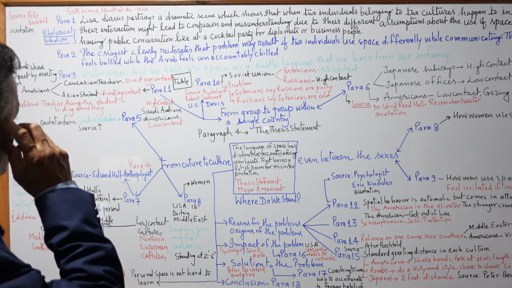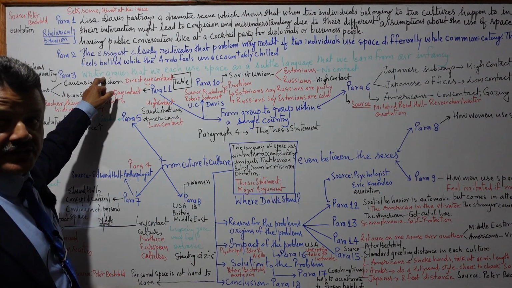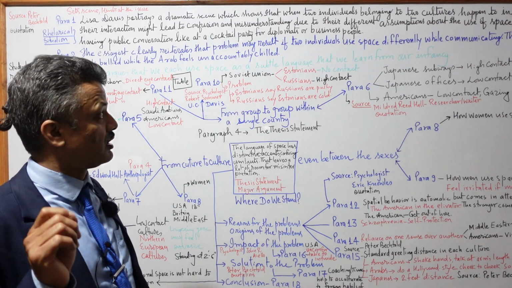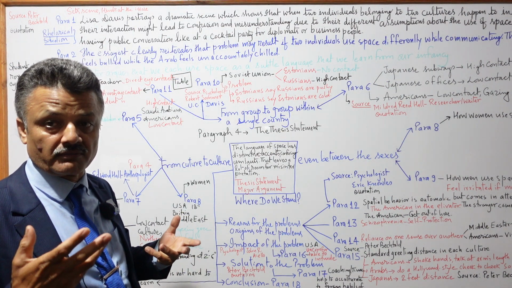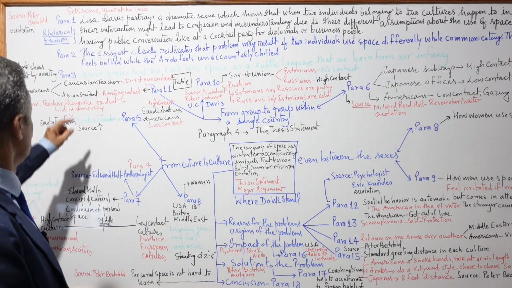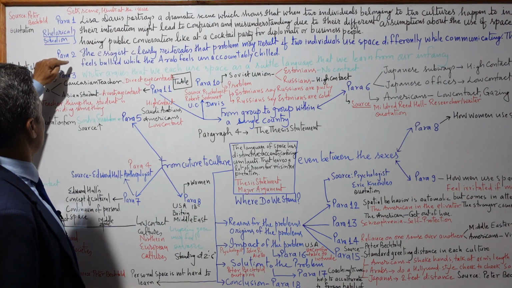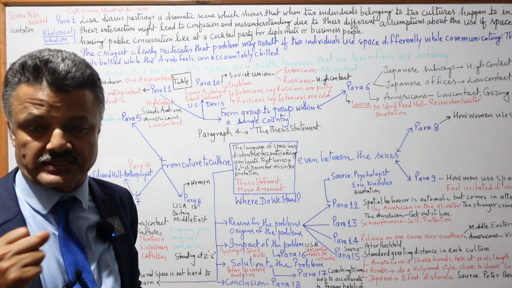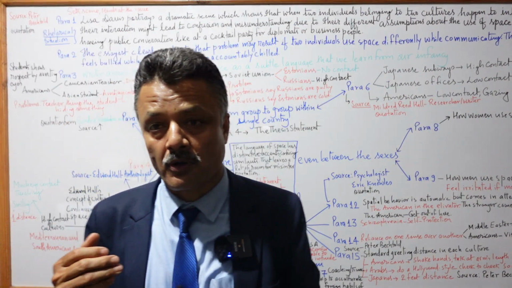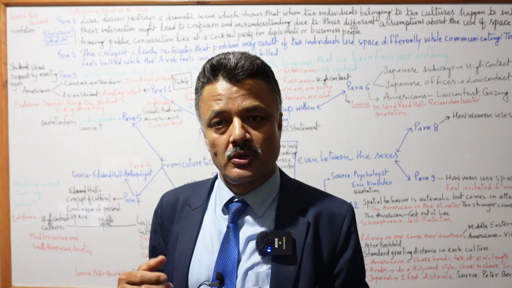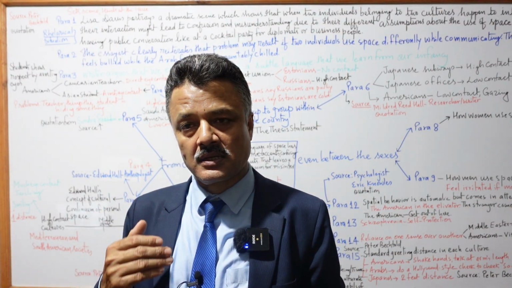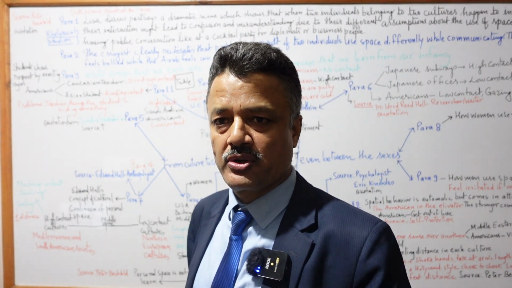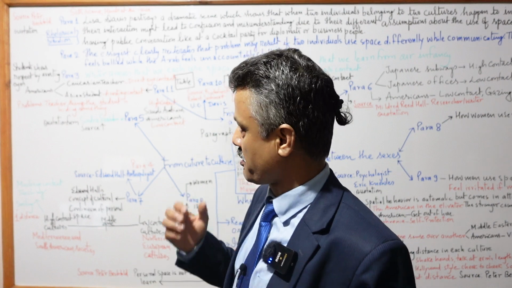Now in paragraph 3, Lisa Davis argues that we each use space as a subtle code or language that we learn from our infancy. So paragraphs 1, 2, and 3 serve as the introduction to the essay. This is a problem solution essay. So in the first, second, and third paragraph, the essayist Lisa Davis introduces her reader to the problem.